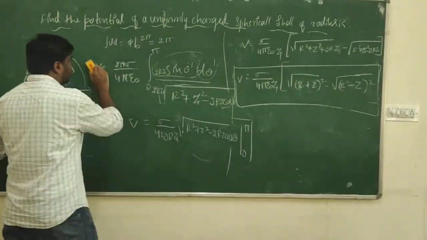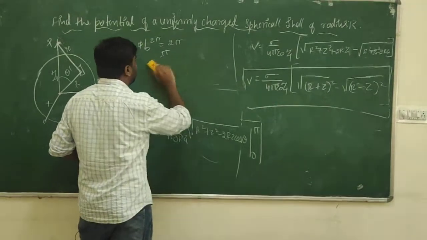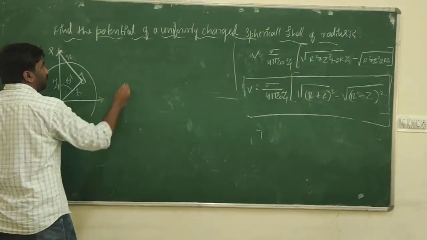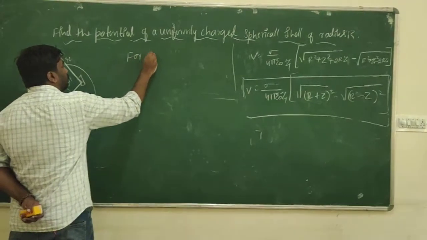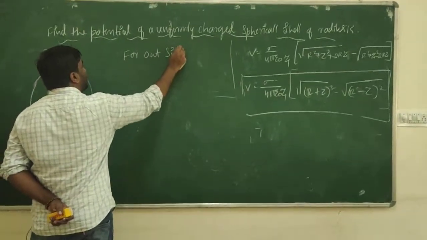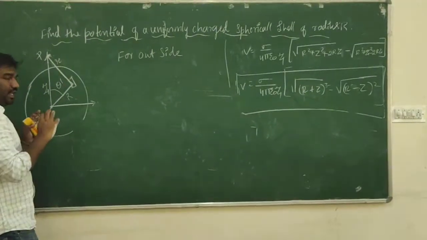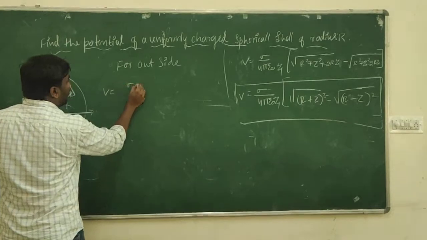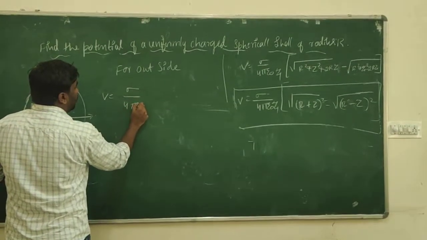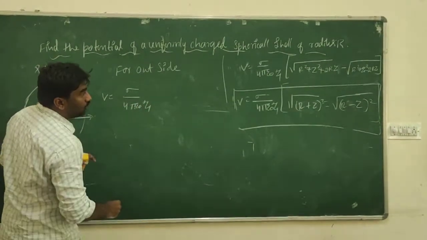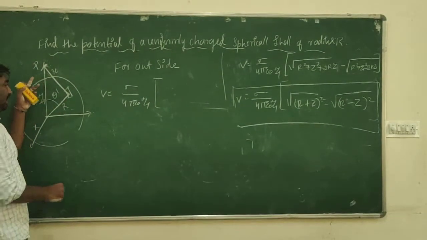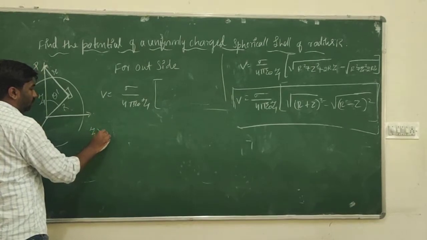If you want to calculate the potential inside and outside, see, for outside, means outside the sphere, V is equal to sigma divided by 4 pi epsilon naught z into, for outside, z is greater than r.